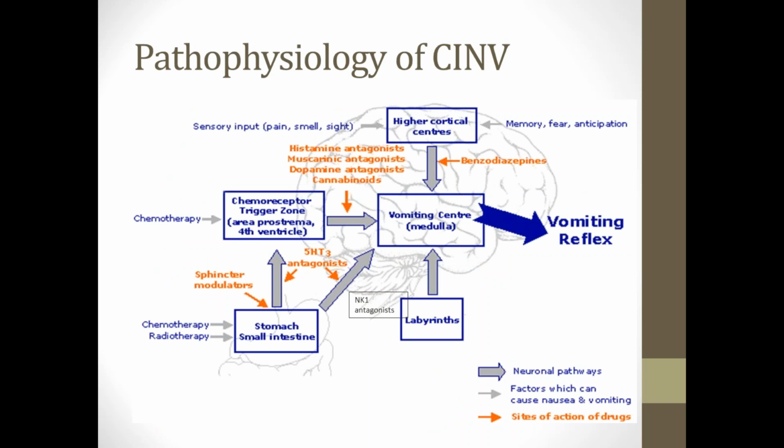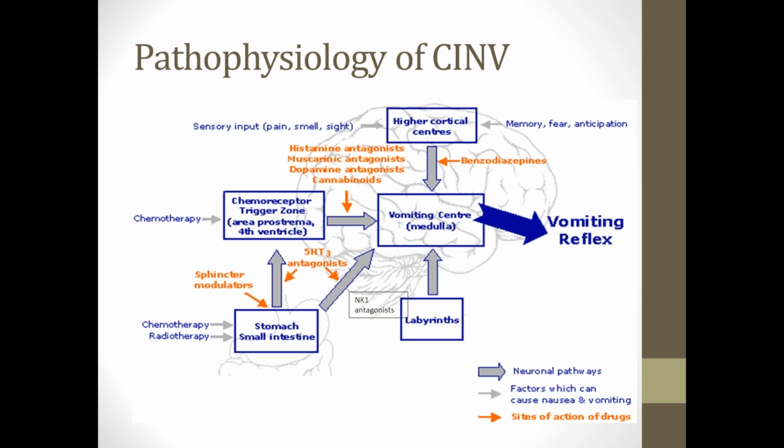This slide discusses the pathophysiology of chemotherapy-induced nausea and vomiting. As you can see here in the background of this picture is your brain, which plays a major role in the nausea and vomiting process. Pretty much what happens is when a patient is administered chemotherapy, it will cause a direct insult to the lining in the gastrointestinal tract.